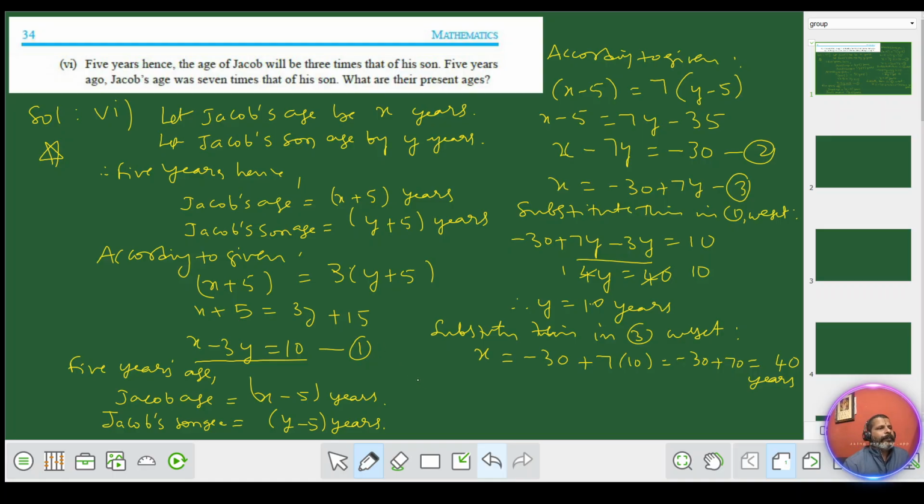Conclude the answer. Therefore, Jacob's age we assumed as x. What is the value of x? 40. Then Jacob's son's age is y we assumed. What is the value of y here? 10 years.